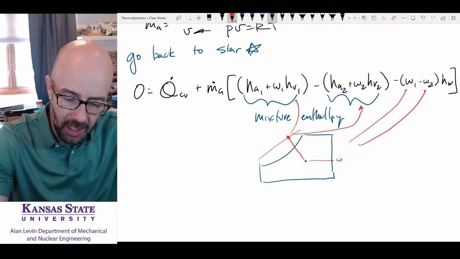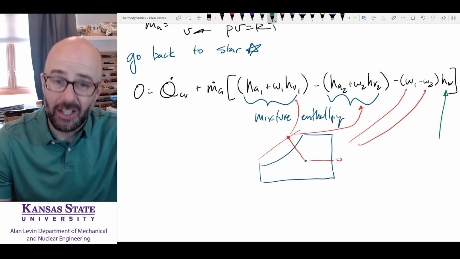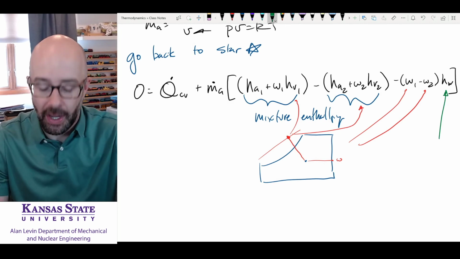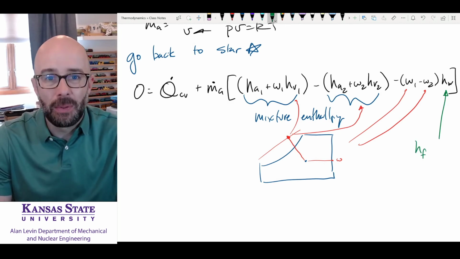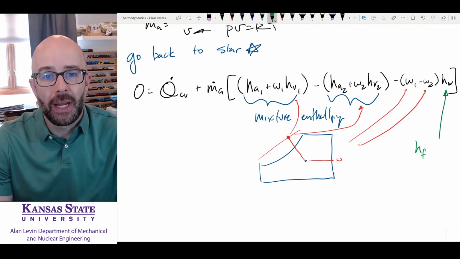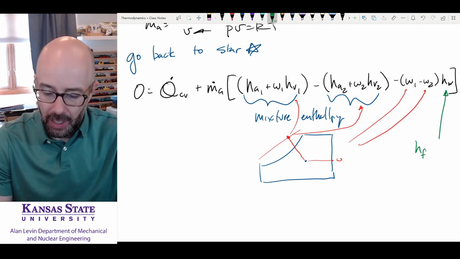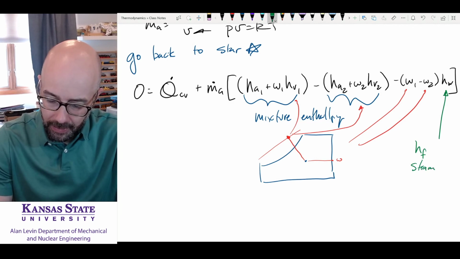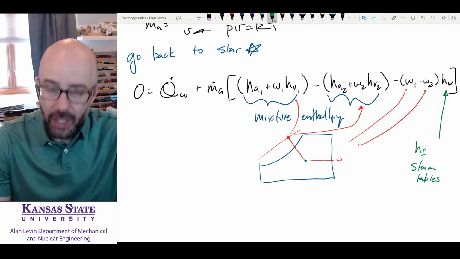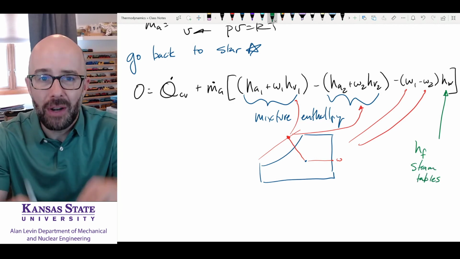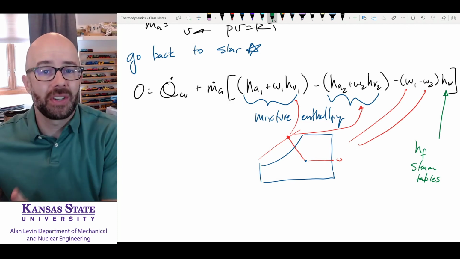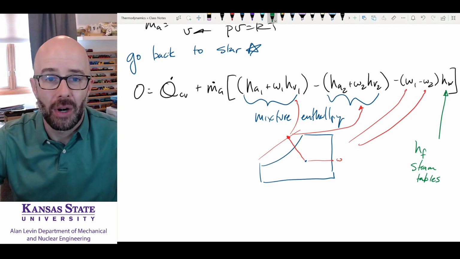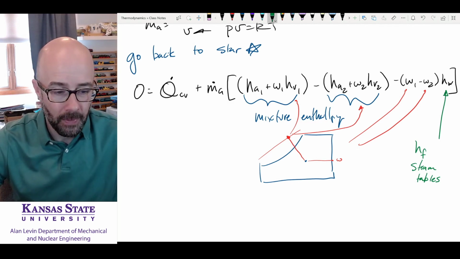The only thing we need from the tables is liquid water. This is going to be HF, at the temperature of our saturated liquid. This is going to be from the steam tables. We can look this up in the steam tables because everything in a psychrometric chart has a reference of 0 degrees Celsius, which is the same reference datum that we have for our steam table. So we're good to go. Okay.